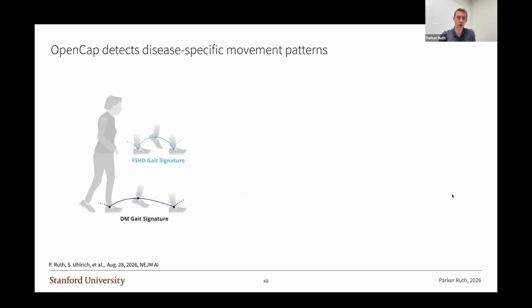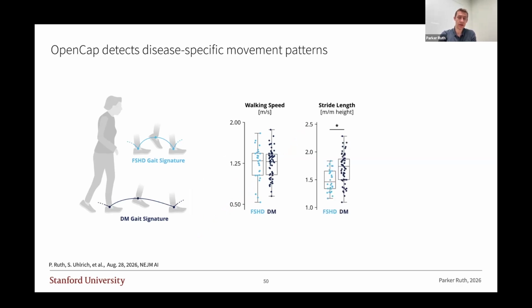And additionally, OpenCap also helps us to measure disease-specific movement patterns that time function tests can't. So remember, we were talking earlier about how FSHD and DM show different signatures of gait. And in fact, we see no differences in the walking speed between these 2 groups of participants, but we do see changes in their stride length and in the ankle height during swing.